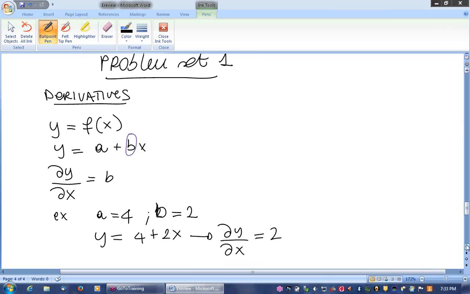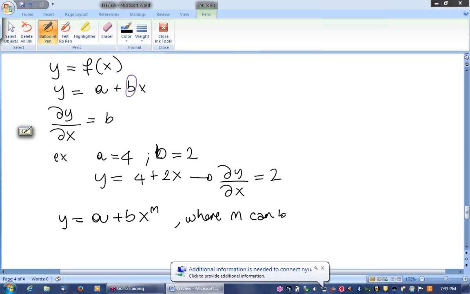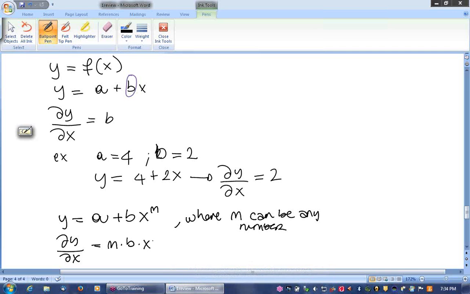So now let's generalize it a little bit. If we have y equal to some number a plus b times x to the power of m, where m can be any number, then the derivative of y with respect to x is equal to m times b times x to the power of m minus 1.